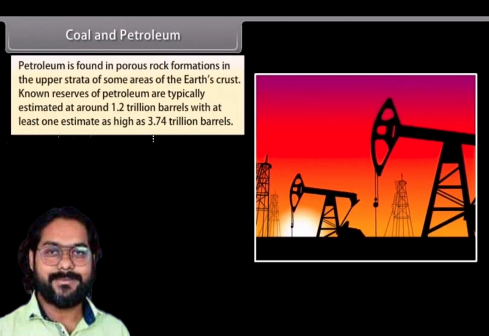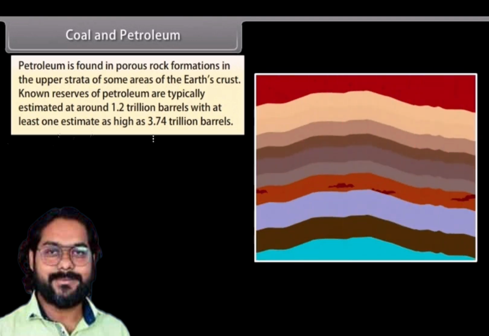Petroleum is found in porous rock formations in the upper strata of some areas of the Earth's crust. Known reserves of petroleum are typically estimated at around 1.2 trillion barrels, with at least one estimate as high as 3.74 trillion barrels.